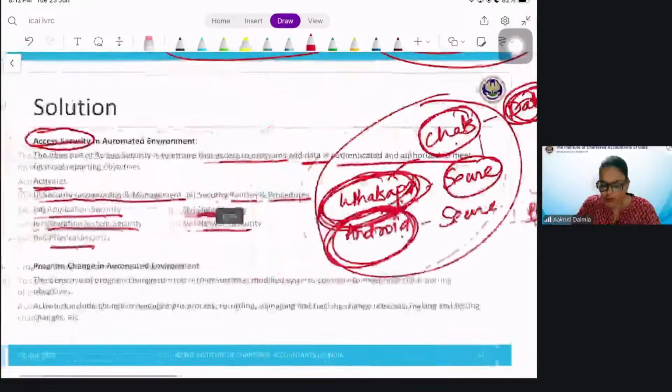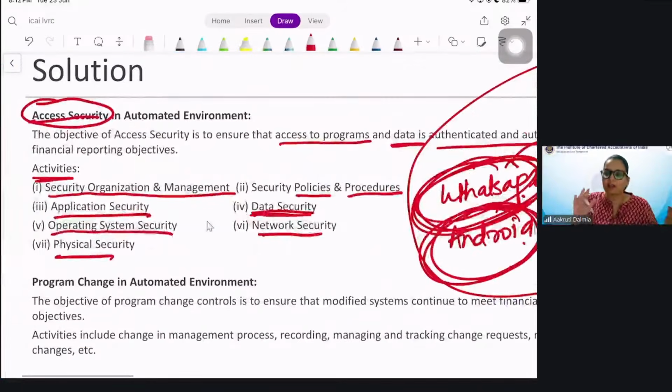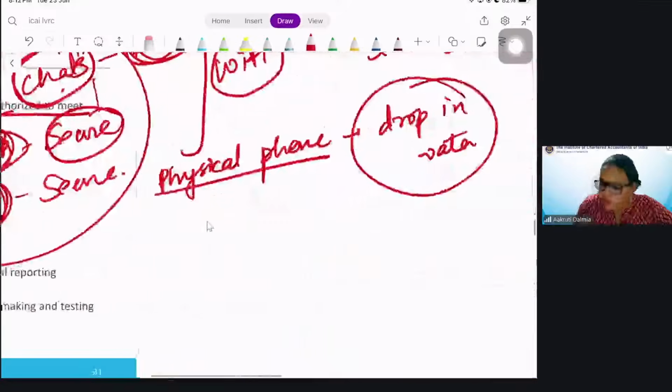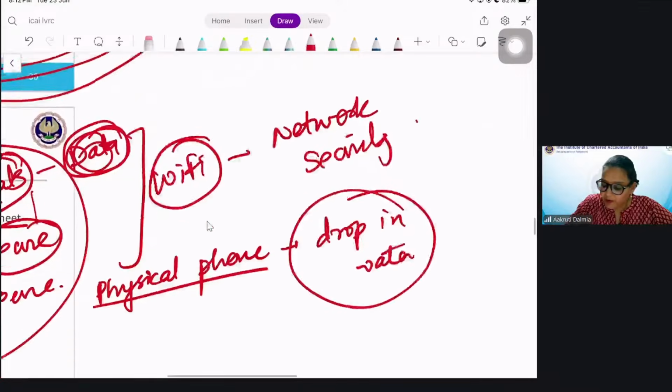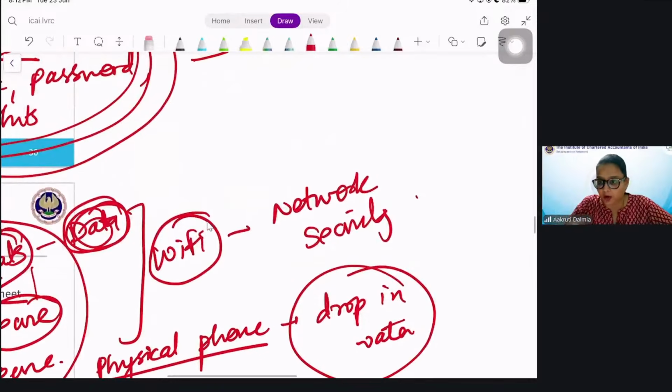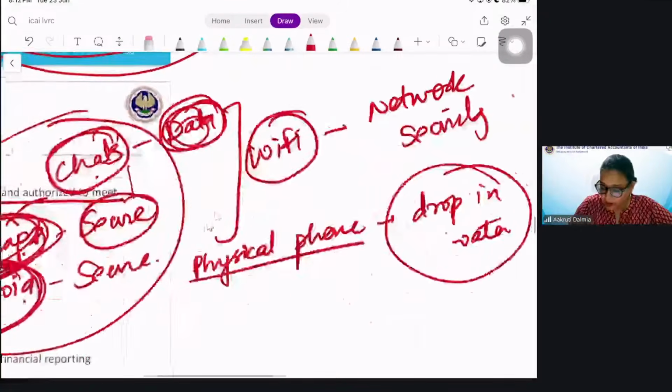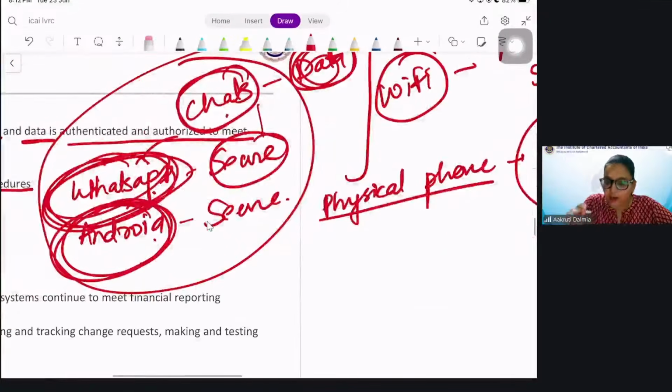So imagine at a bank level, the security is controlled at such big levels, which means first your phone should be secure. That is physical security. Then the Wi-Fi you use on your phone should be secure. That is network security. Using that Wi-Fi, you are running your Android. That operating system should be secure. On that operating system, you're downloading WhatsApp.